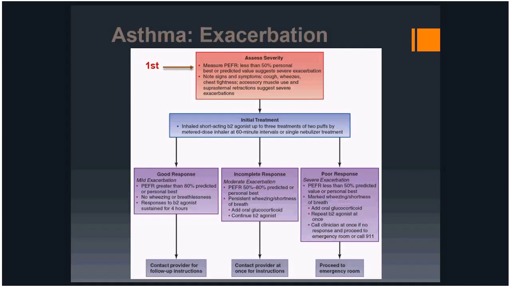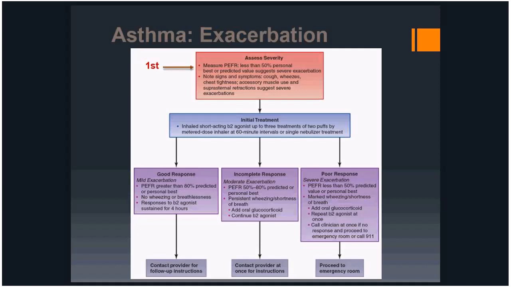The other thing to keep in mind is asthma exacerbation. It's always important with asthma treatment plans that you educate the patient on the use of the peak flow meter, because that is how they will monitor their asthma outside of the office and in the home, school, or work setting. But you can use that peak flow during a sick appointment. The bottom line is, anytime there is concern for an exacerbation, and this diagram is taken out of your text, you always want to make sure that you assess severity.